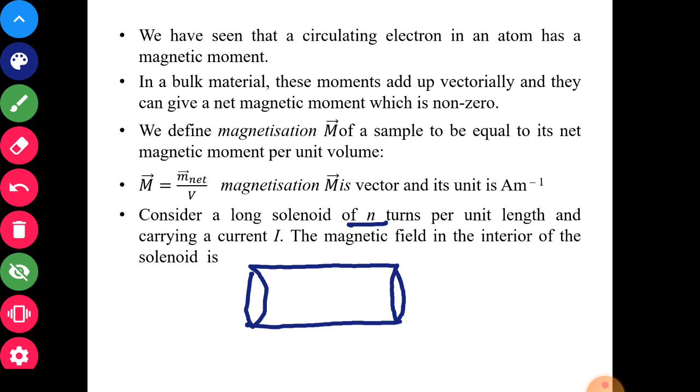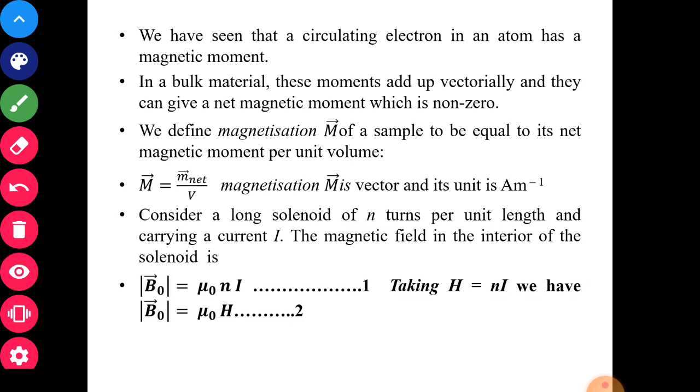It has n turns per unit length and current I, and the magnetic field inside will be mu 0 nI. Okay, so its magnitude is B0 is equal to mu 0 nI.